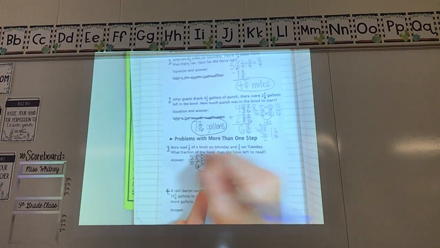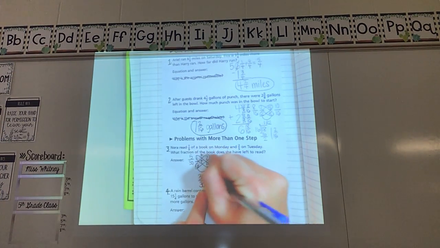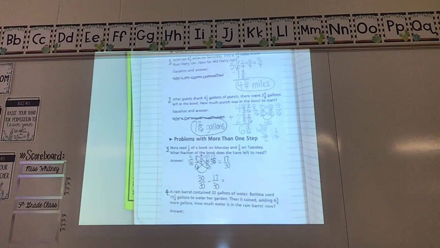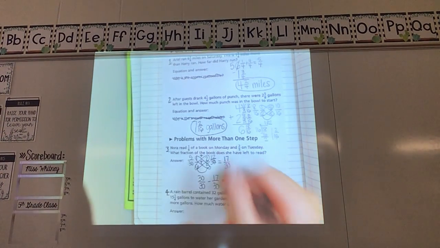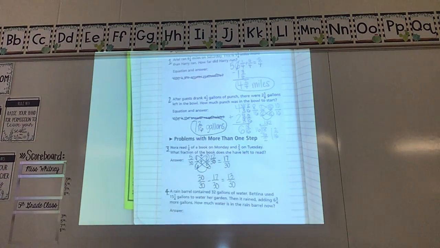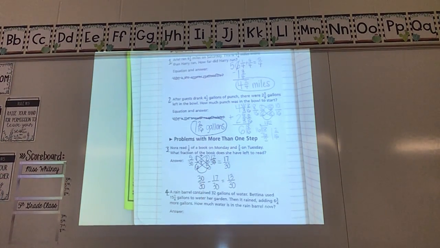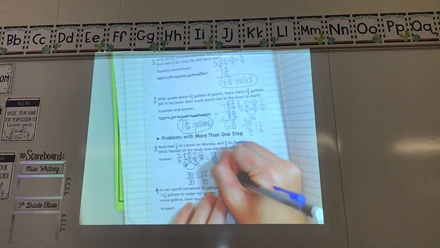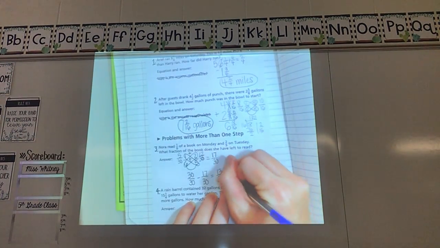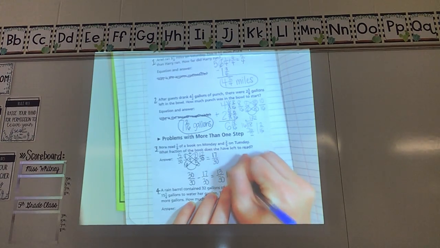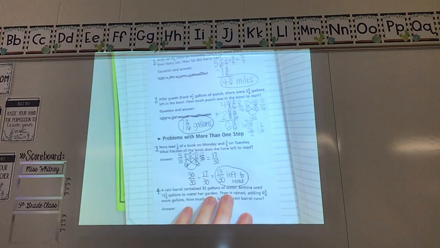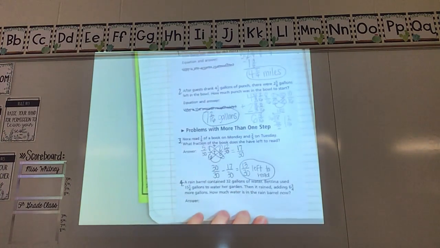And if I subtract what she's read so far, which is 17/30, that should tell me how much she has left. And if I do that subtraction, I get 13/30. So she has 13/30 left to read. That one's a little bit tricky.